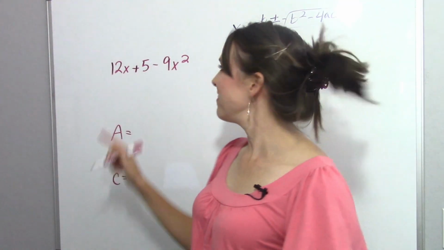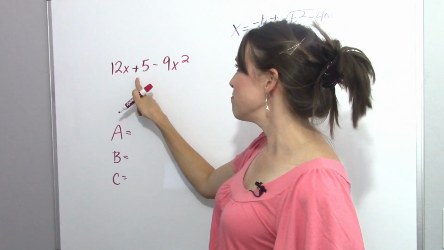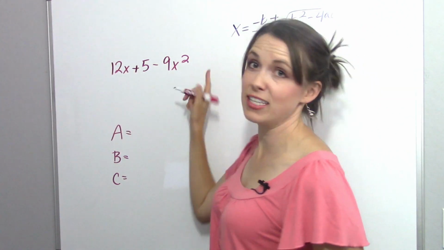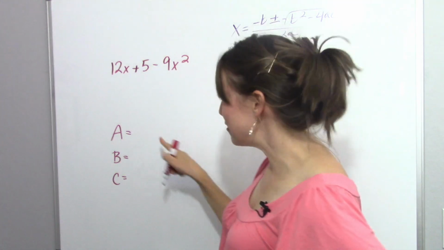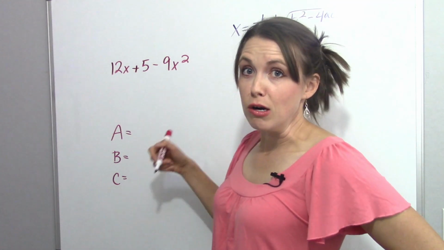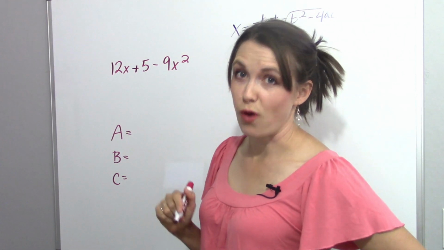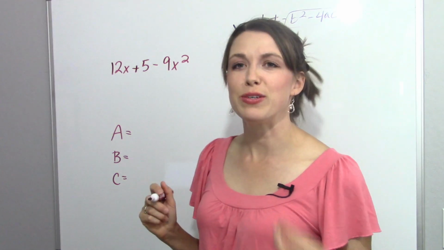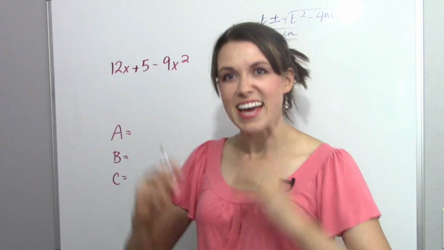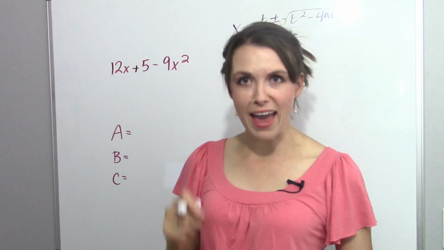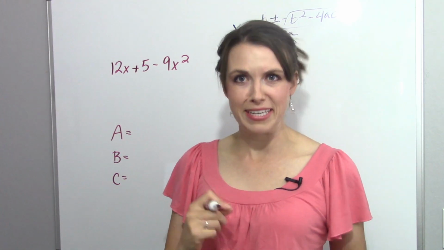So here we have 12x plus 5 minus 9x squared. Okay, now if we were to just plug those right in like this, we would get the answer wrong. What we have to do is make sure that that x squared is first, followed by the x, followed by just the plain number.